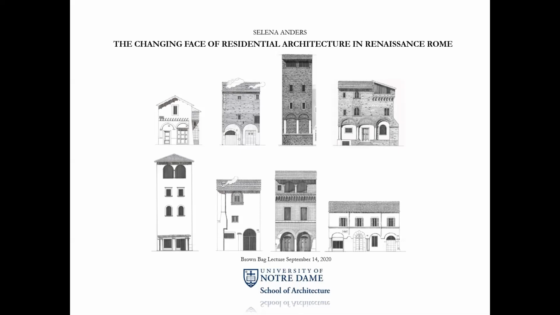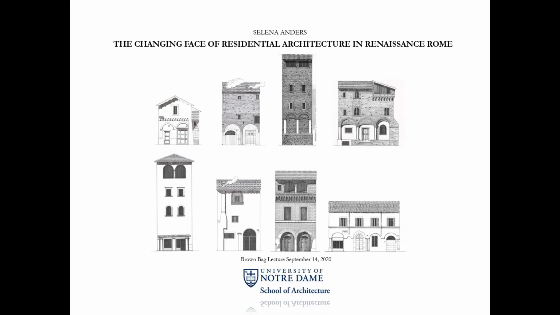Professor Anders is also the co-director of the Historic Urban Environments HUE&D research team that is currently working towards the completion of the project Rome Cities in Text in collaboration with the American Academy in Rome.